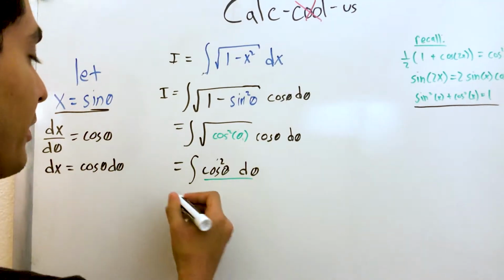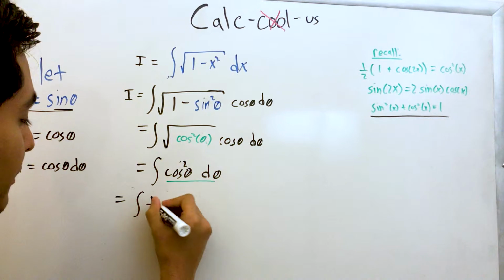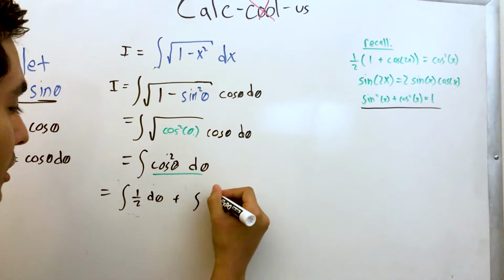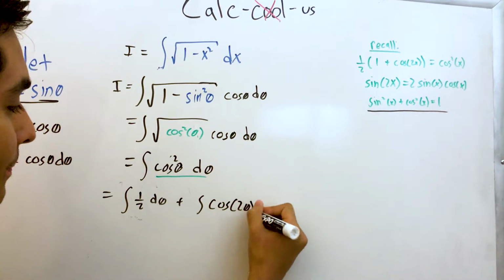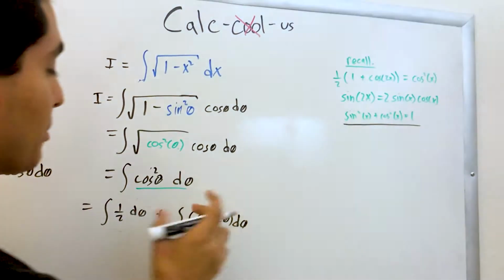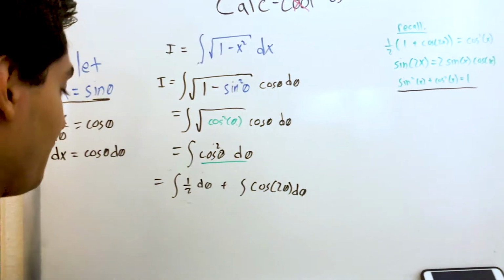So if I use the double angle formula one more time, I'm going to do the integral of 1/2 d theta plus 1/2 the integral of cosine of 2 theta d theta. I'm using this double angle formula to replace the cosine squared, which hopefully you've seen before if you saw the last video.